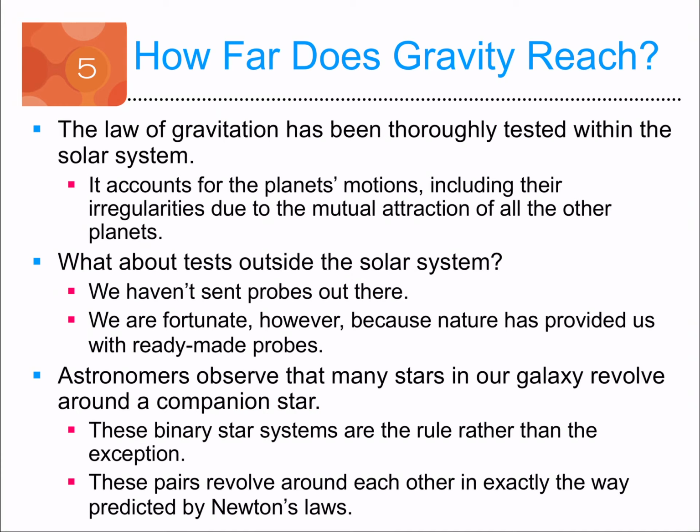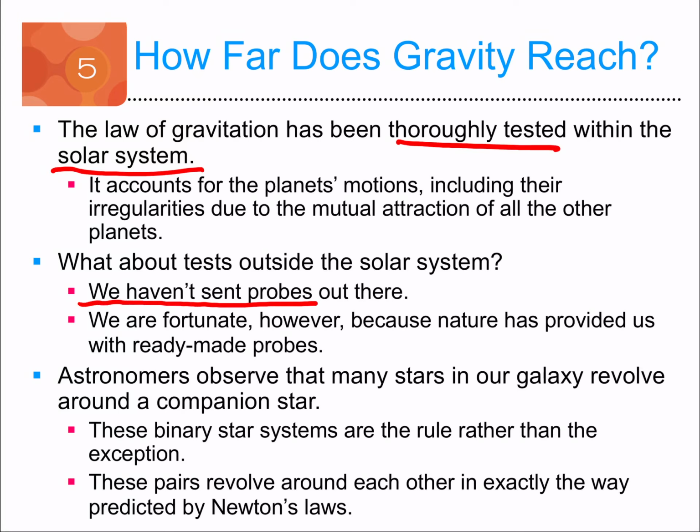Now, if you look at the law of gravitation, we've talked about it. The law of gravitation is thoroughly tested within the solar system. We can use it to account for the planets' moons and irregularities due to the mutual attraction of all the planets. But what about outside the solar system?